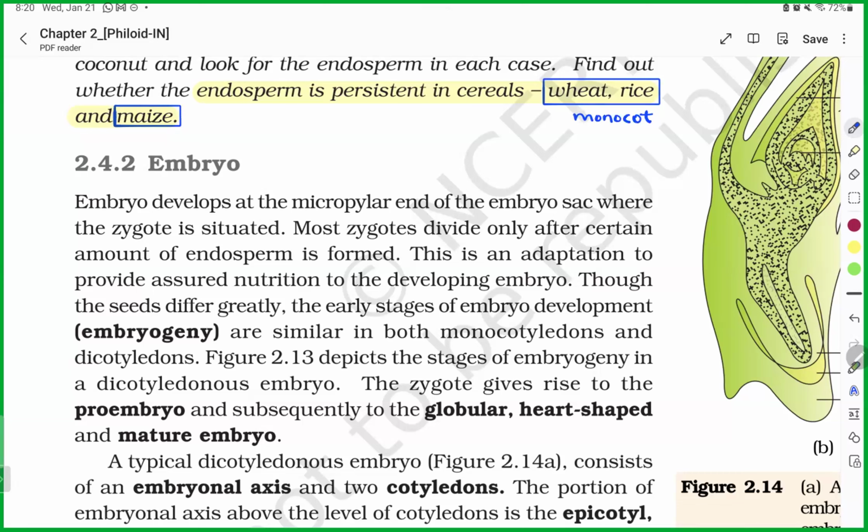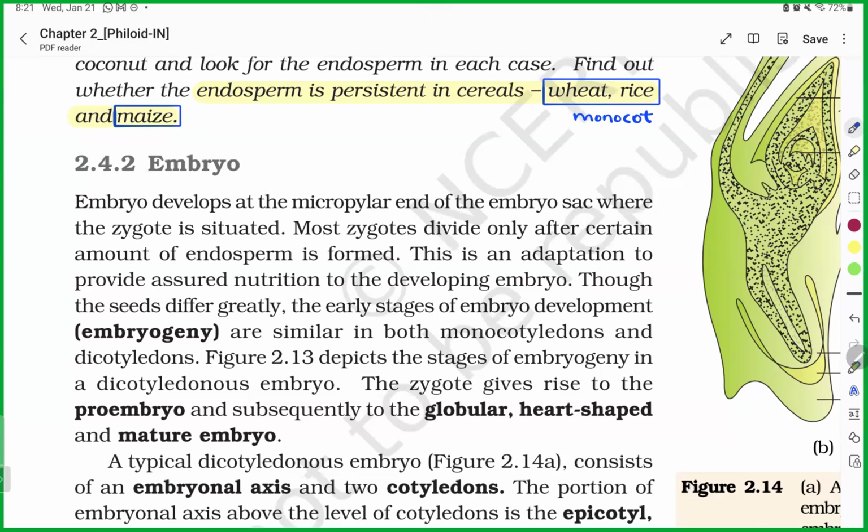Anvita, can you tell me an example where you have a monocot plant but endosperm is absent? Can you repeat, a monocot plant with?